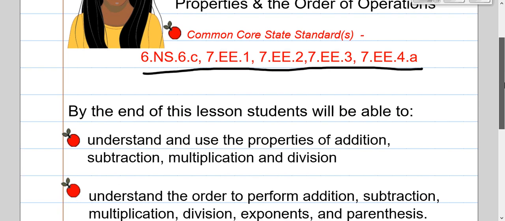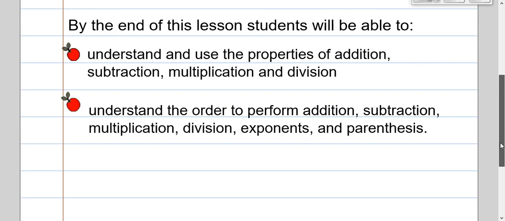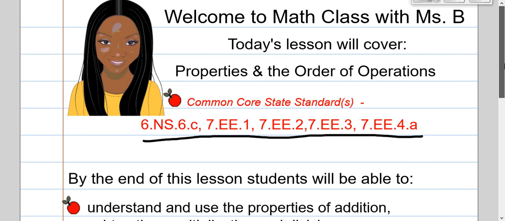By the end of this lesson, you will be able to understand and use the properties of addition, subtraction, multiplication, and division. You will also be able to understand the order to perform addition, subtraction, multiplication, division, exponents, and parentheses.